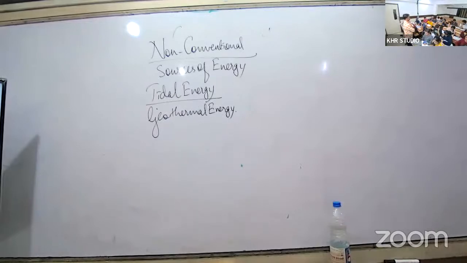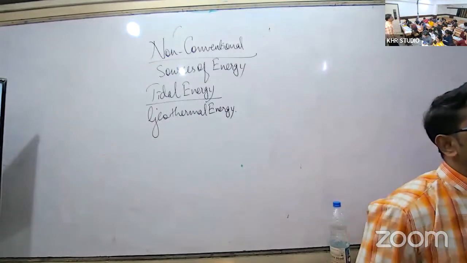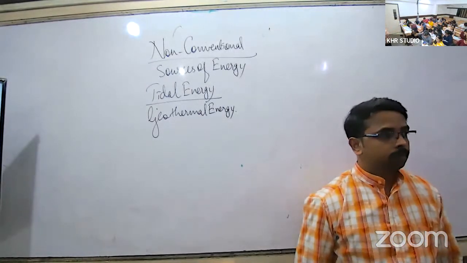The deep hot water springs and hot rocks are accessed by drilling deep wells and bores. From these wells and bores, high pressure hot steam is obtained by taking the water to the surface. Underline that high pressure water steam. This hot high pressure steam spins the turbine that rotates the generator and produces electricity.